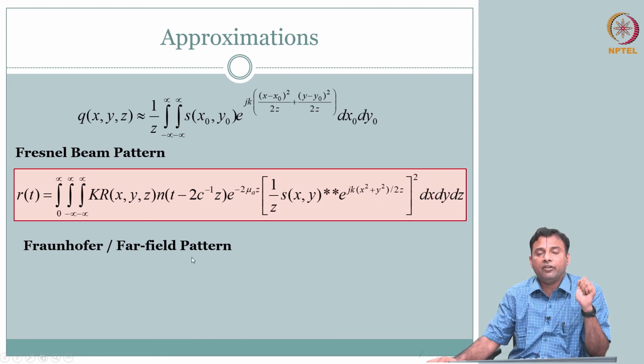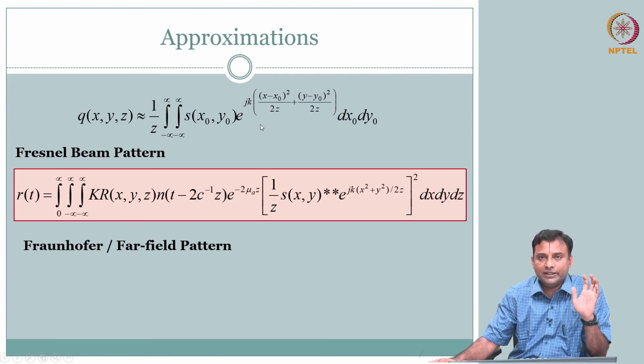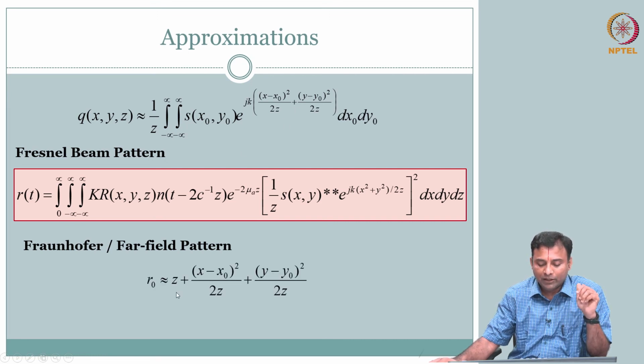Fraunhofer or far field pattern, what does that mean? Same thing, in the phase term we made one approximation. Can we approximate, or can that expansion that we wrote be written some other way? So we started with r naught, z plus this term. Can we expand this?